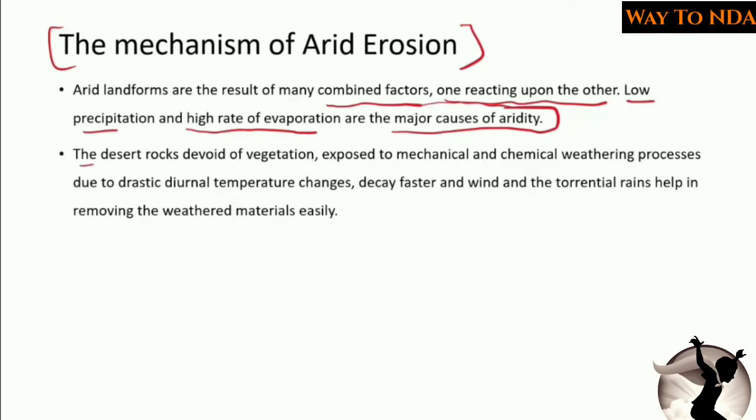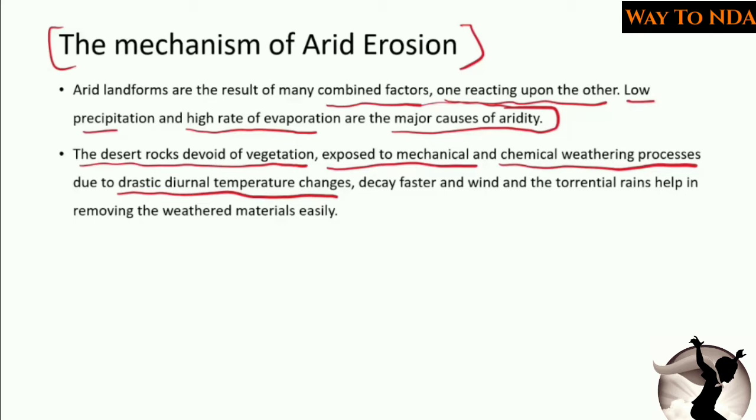So the desert rocks devoid of vegetation, they don't have any vegetation, and they are exposed to mechanical and chemical weathering processes, due to drastic diurnal temperature changes. Now in summers, in the arid areas, if you go, you will find that the day temperature is very high, and the night temperature is very low.